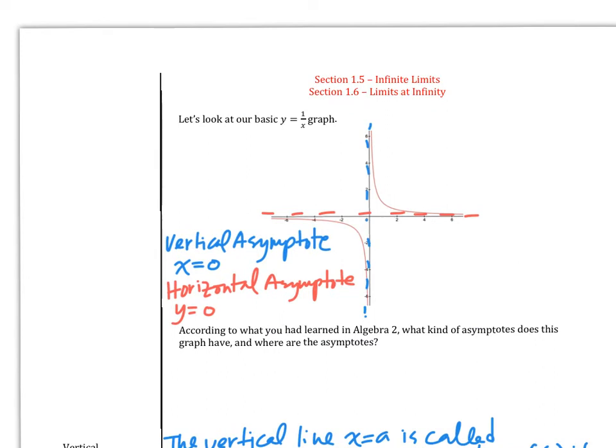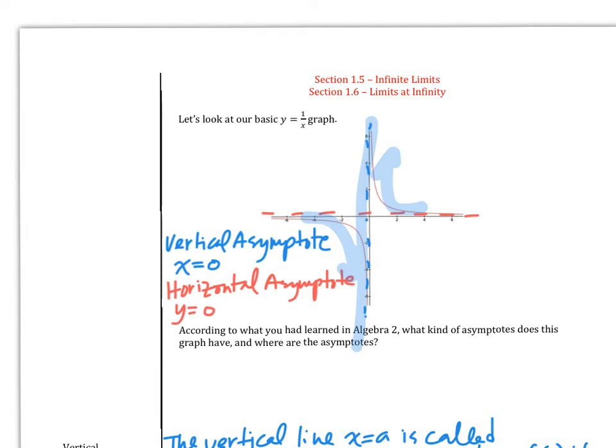When you have the vertical asymptote x equals 0, what's going on around that asymptote? Well, you can see that the graph from the left-hand side and the right-hand side are going somewhere. When we're close to that vertical asymptote, the graph is going to infinity, right?